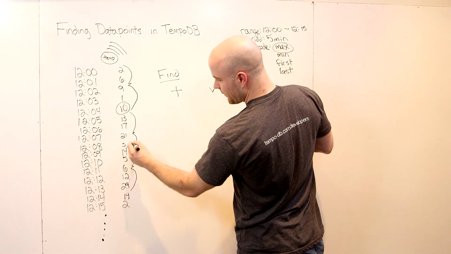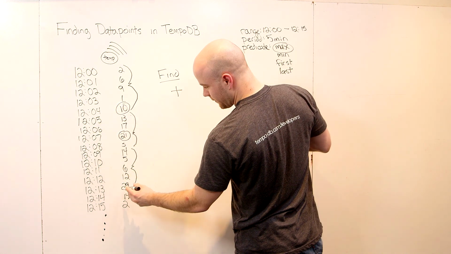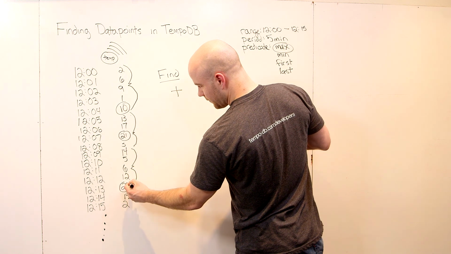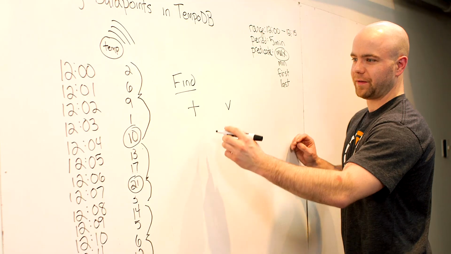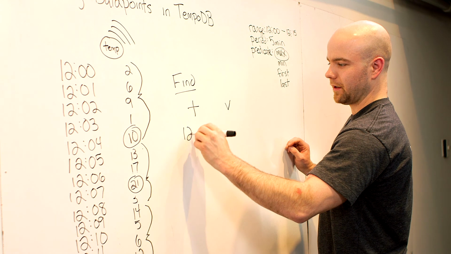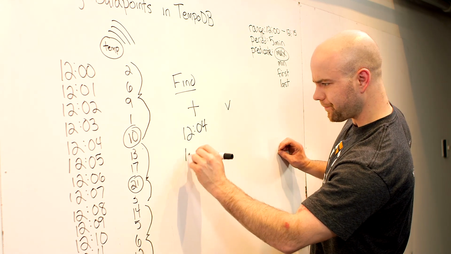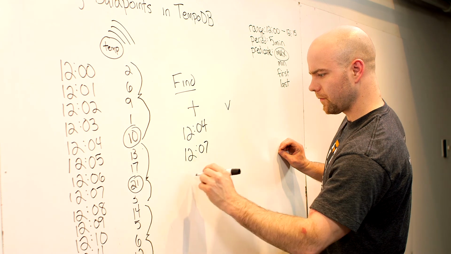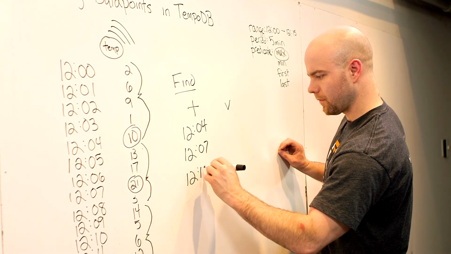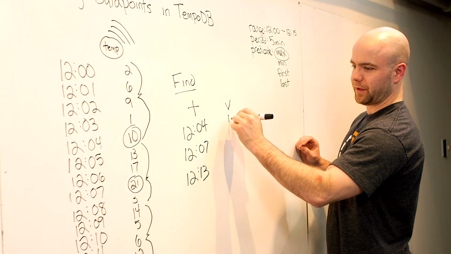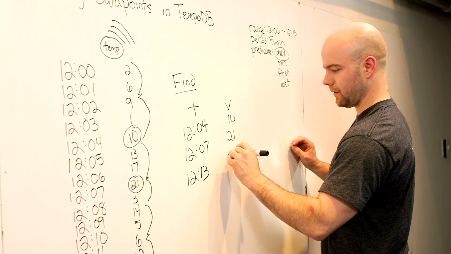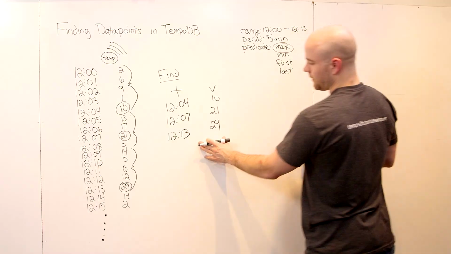So 10 here, 21 here, and 29 here. So at the end of it, we'll have 3 timestamps with the values being 10, 21, and 29.